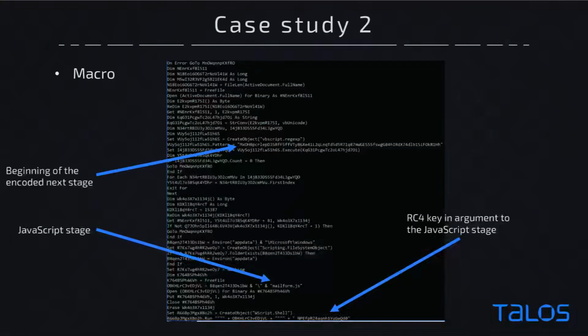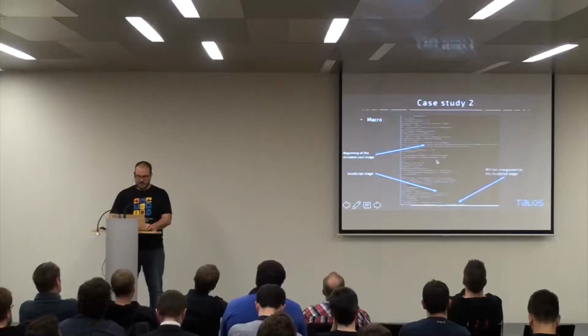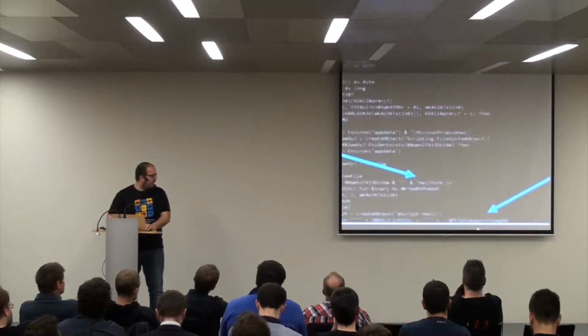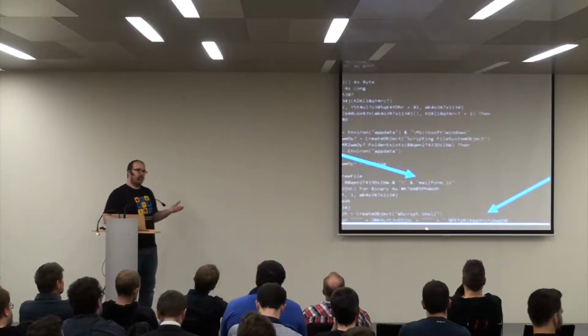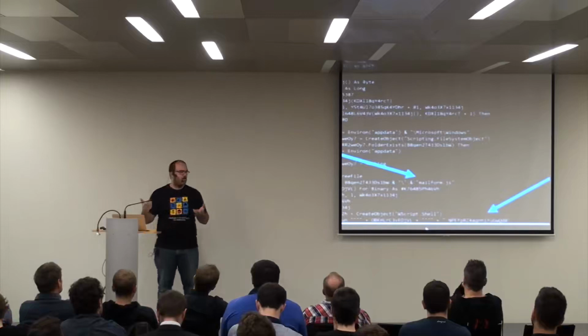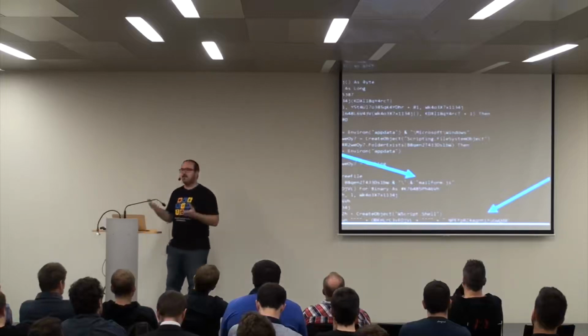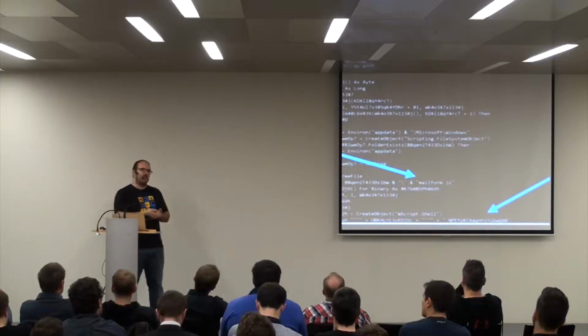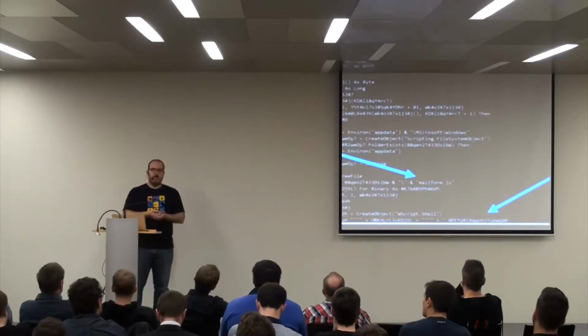Something interesting, if you are used to tracking bad guys: in this specific case, the JavaScript document was executed with an argument, a random string. In fact, this argument is a decryption key used by the JavaScript.